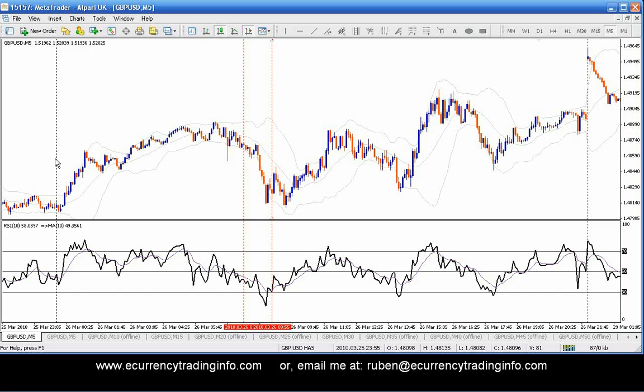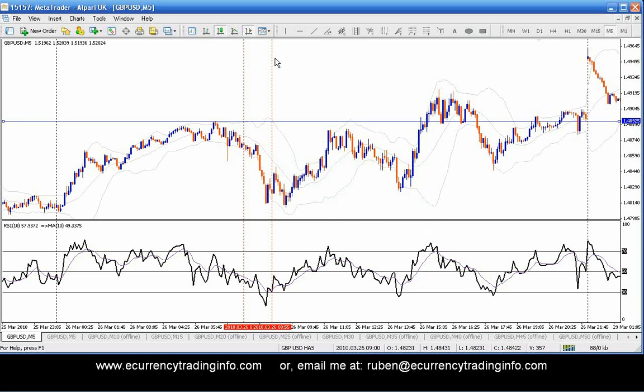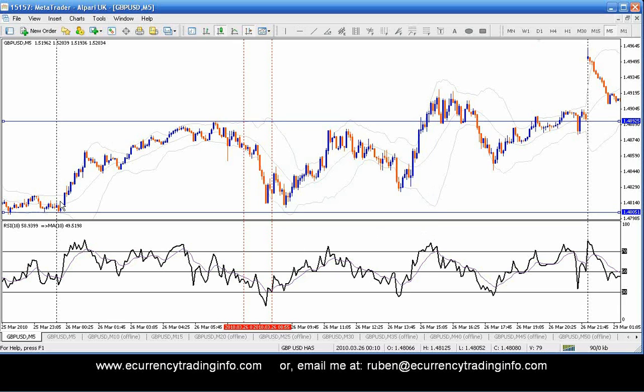So the Asian goes from here to here. Here begins the European, and here begins the London. I mark the high of the Asian, and I mark the low of the day. The low of the Asian is the low of the day because the day started right here.